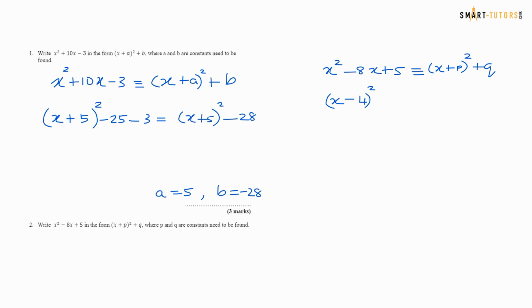So 16, if we expand the brackets, we need to take away the 16 plus 5. Which is equal to (x minus 4) whole thing squared, minus 16 plus 5 is minus 11. So p equals minus 4 and q equals minus 11.